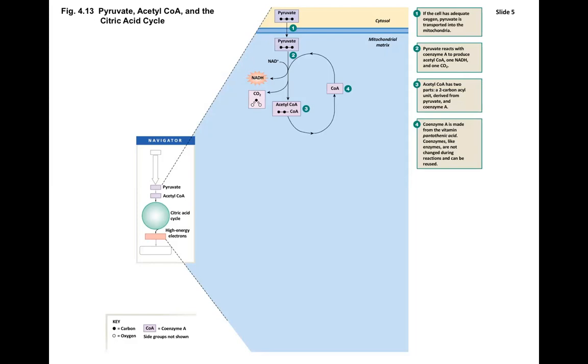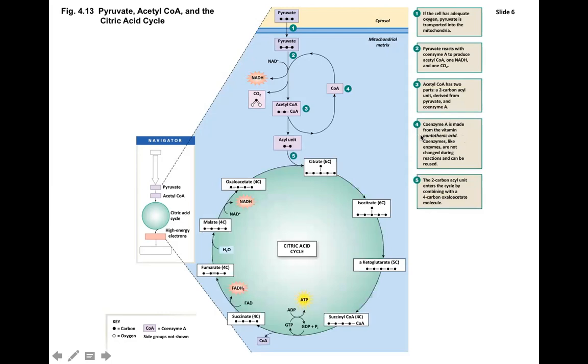So now this 2-carbon unit combines with acetyl-CoA. And the coenzyme A is actually made from one of the B vitamins. In order to make it, you actually need one of the B vitamins called pantothenic acid, if you're interested. Anyways, this acyl unit, or this 2-carbon unit, enters the cycle and combines with a 4-carbon unit.